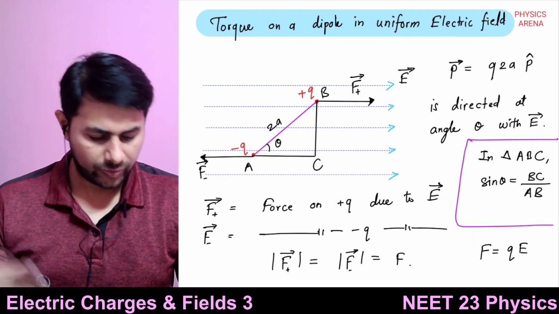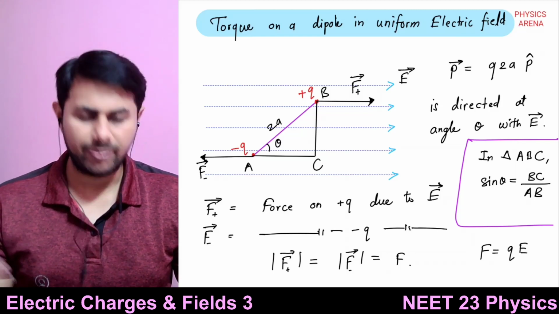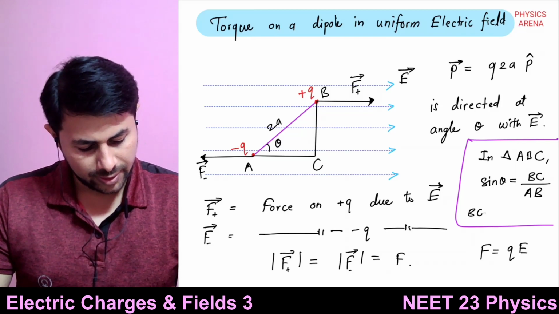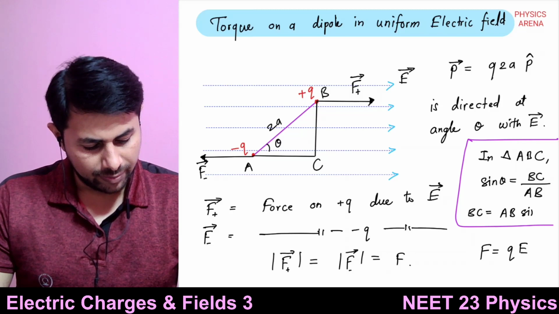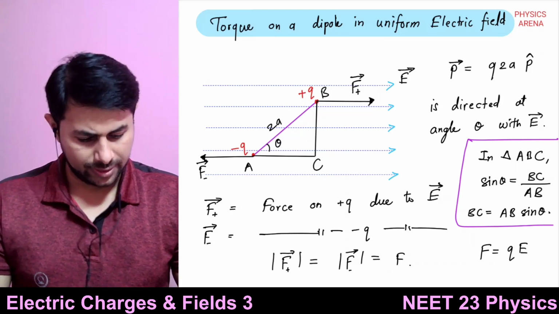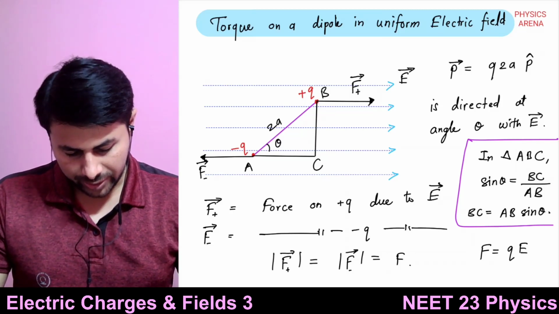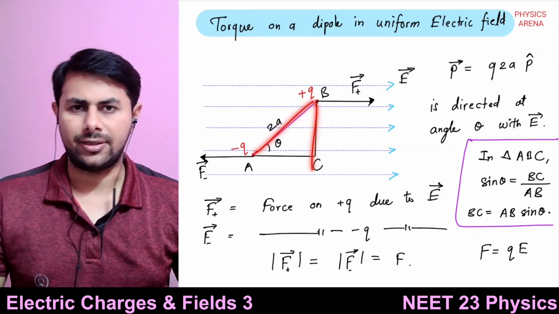Okay. And therefore, what is BC? BC is equal to AB multiplied by sine theta. So BC is equal to AB, which is the length of the dipole, multiplied by sine theta, right? So the perpendicular distance is AB sine theta.